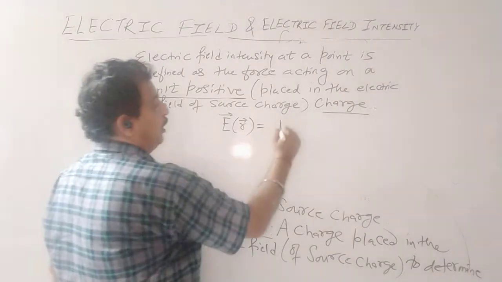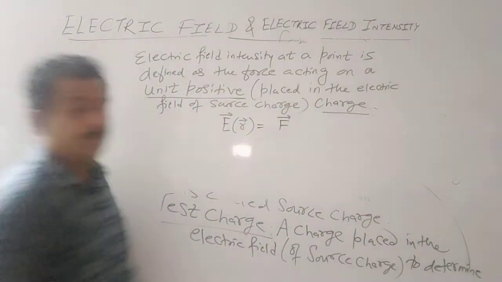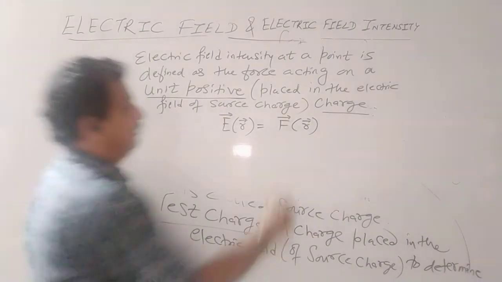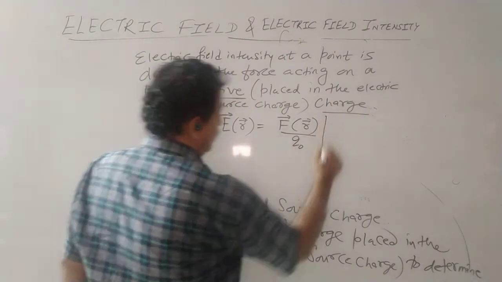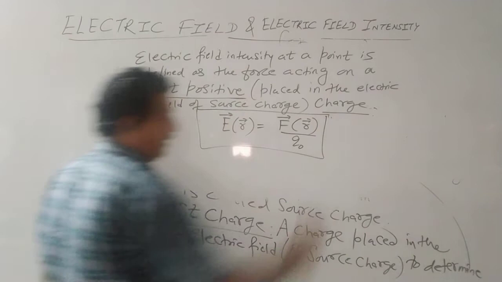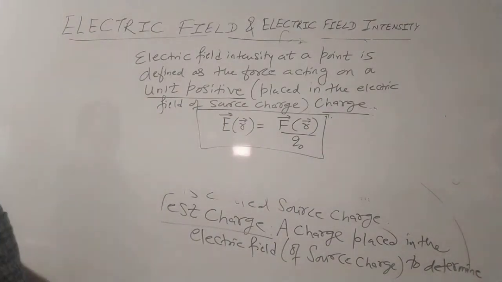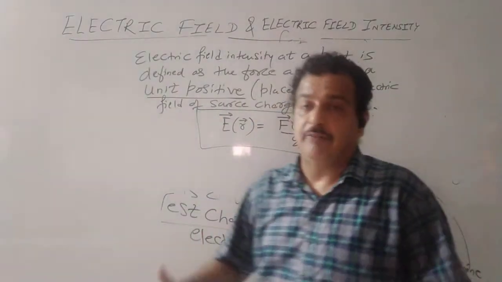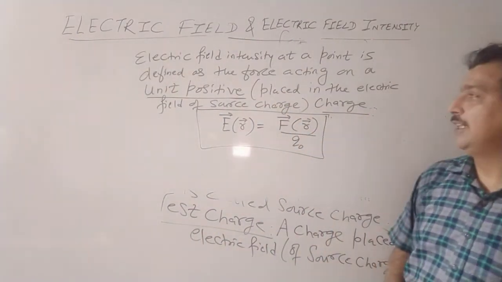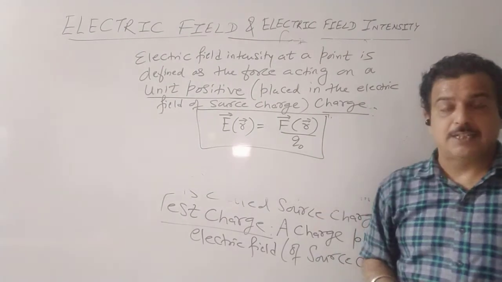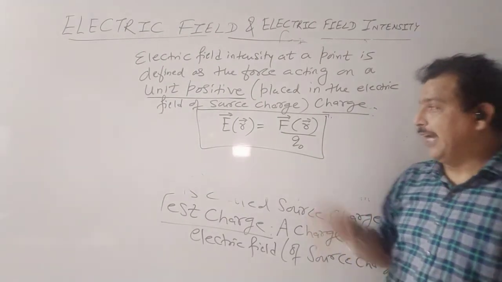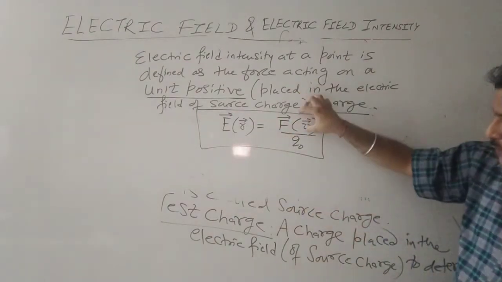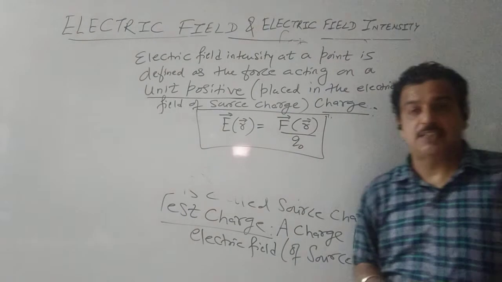So that will be equal to the force acting at that point, that is the Coulombian force, divided by the test charge, that is Q naught. So this is the definition. Though in the definition we don't write force per unit charge, we write the force acting on a unit positive charge which you have placed in the electric field of a source charge. And in terms of equation, it is simply the Coulombian force divided by the test charge.